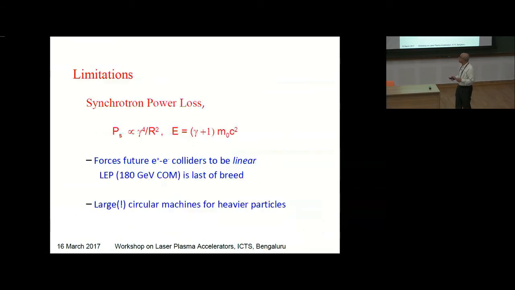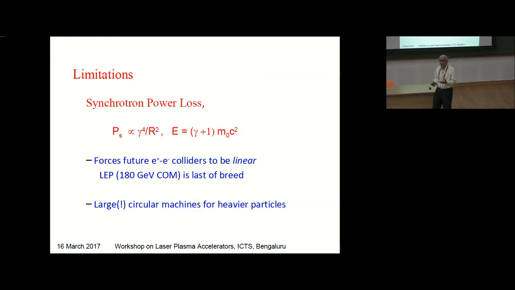Now, if you go for circular colliders, you will see that the large machines are all circular colliders. Now, in circular machines there is another concomitant power loss. Especially for relativistic particles, there is a loss through synchrotron radiation.